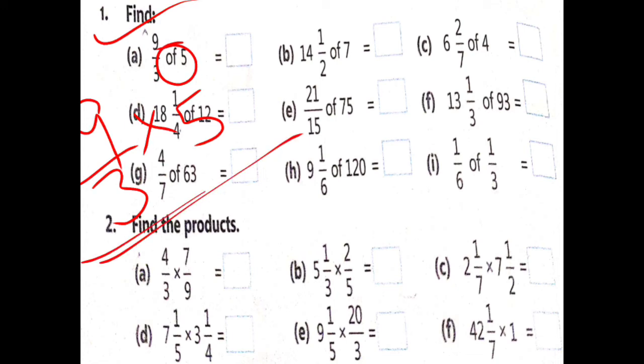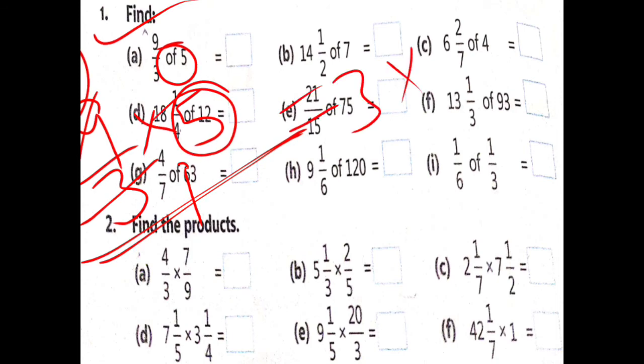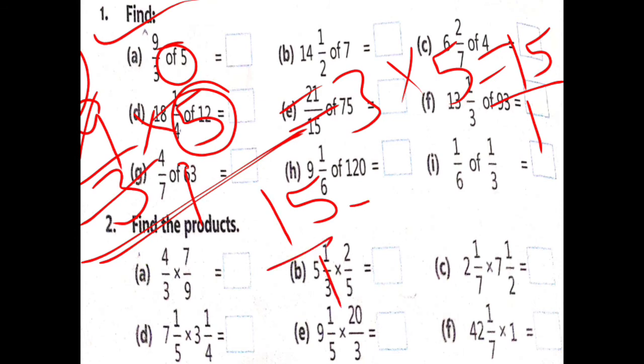So when we cut this 3 with 3, 3 ones are 3 and 3 threes are 9, then we get only two terms, 3 and 5. So 3 multiply by 5 gives 15, and downside we have only 1. So you can write 15 upon 1 or simply 15. That means both have the same value.